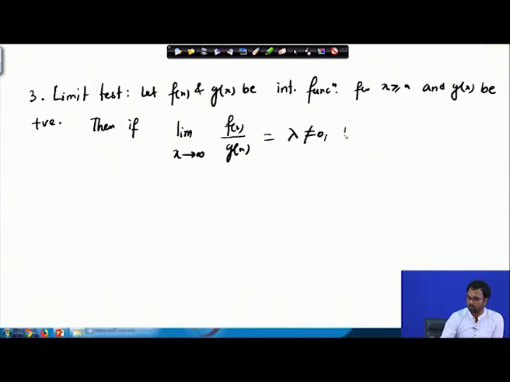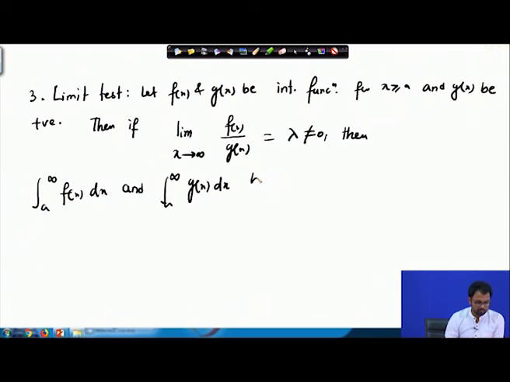then the integral from a to infinity of f(x) dx and the integral from a to infinity of g(x) dx both converge absolutely or both diverge.